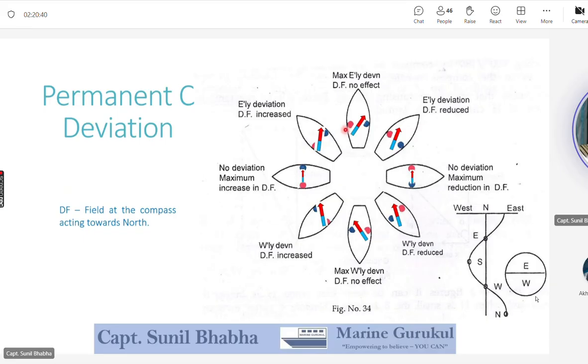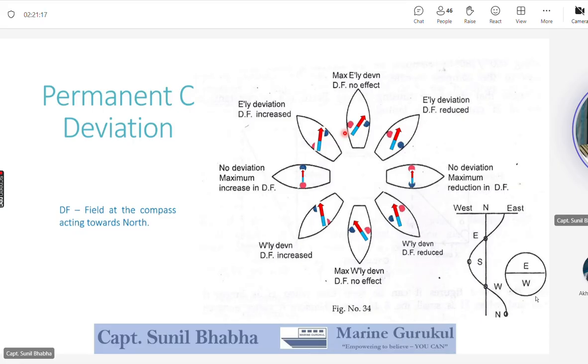The red end on the port side repels the red end, or the north end, of the magnetic needle, and at the same time it attracts the south end, or the blue end, of the magnetic needle, resulting in the compass needle swinging clockwise looking from top, generating easterly deviation. Another important thing to note is that these red and blue poles on the sides of the ship are at right angles to the compass needle, or you can say at right angles to the direction of the Earth's magnetic field.